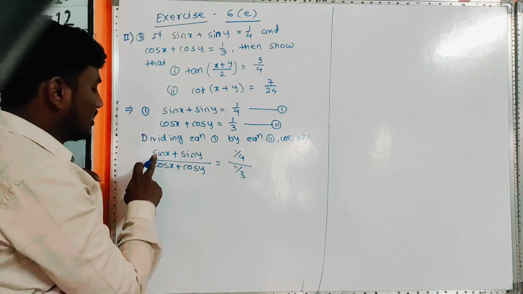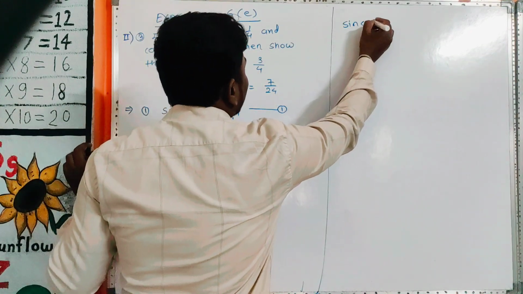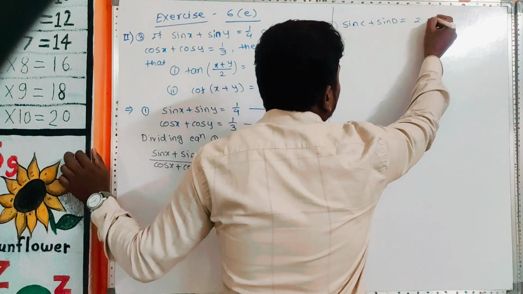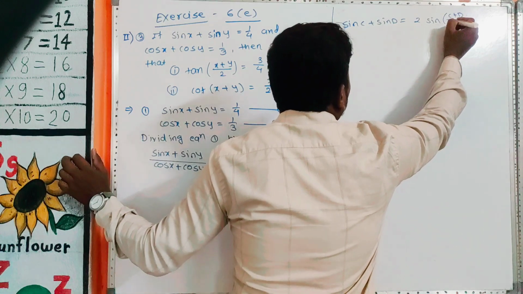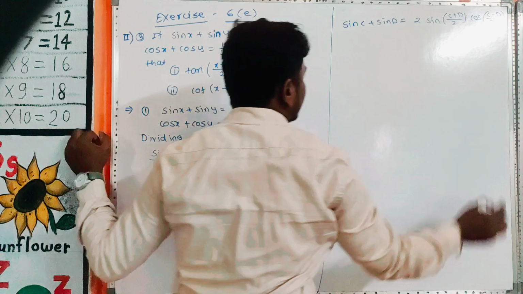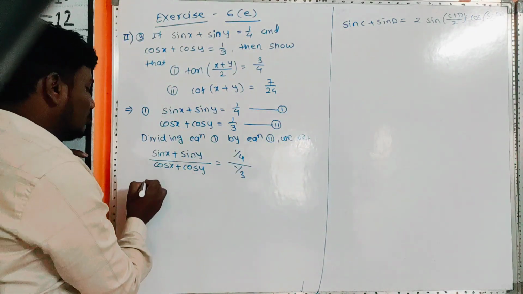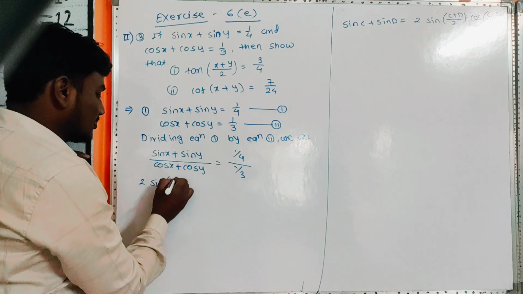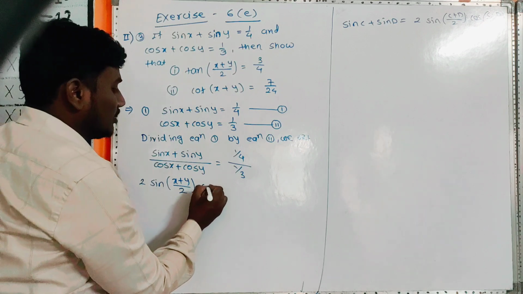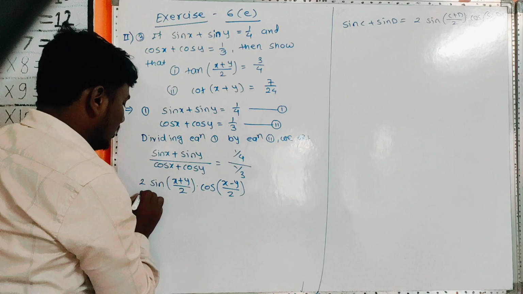So we have used here sin C + sin D. What is the formula? sin C + sin D is equal to 2 sin((C+D)/2) cos((C-D)/2). I apply here, C means x and D means y: 2 sin((x+y)/2) cos((x-y)/2).